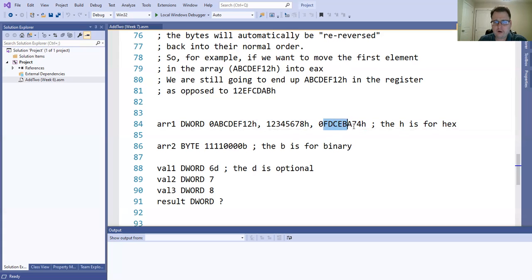Not including the 0, we have 8 hexadecimal symbols, meaning that once again the 0 is not part of the data, but is just there because of that rule that says we can't have a letter A through F as the first, or most significant, hex symbol, since variables also start with letters. So that was the array that we looked at last time. We just have 3 terms here, or 3 dwords.